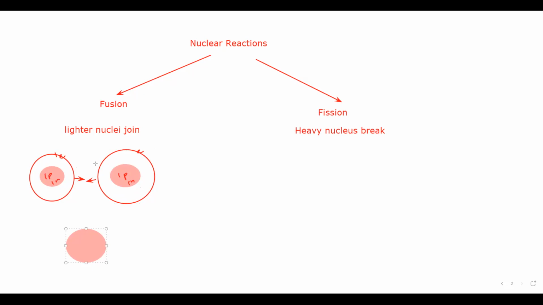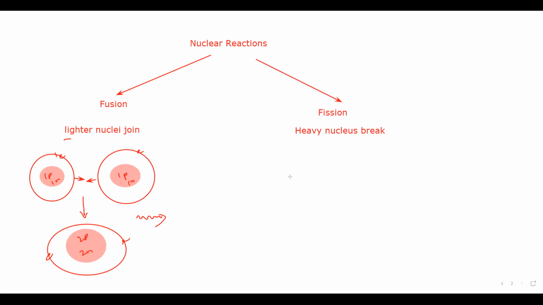And what will be the resultant nucleus when they join with each other? It will be two protons, two neutrons, and two electrons. So as you can see, the smaller, lighter nuclei join together and form a heavy nucleus, and it will release energy. So the form of energy they release is nuclear energy.